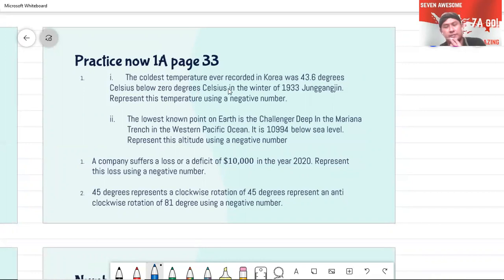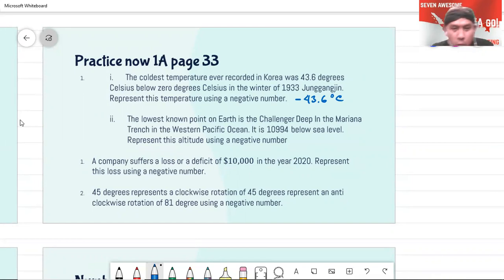We cannot express this as 43.6 degrees Celsius, because the fact is it is below 0. So we need to express this number as negative: -43.6 degrees Celsius.